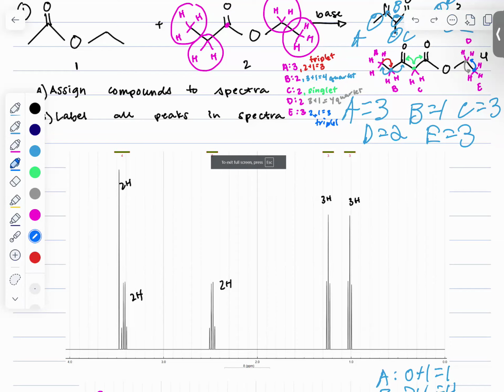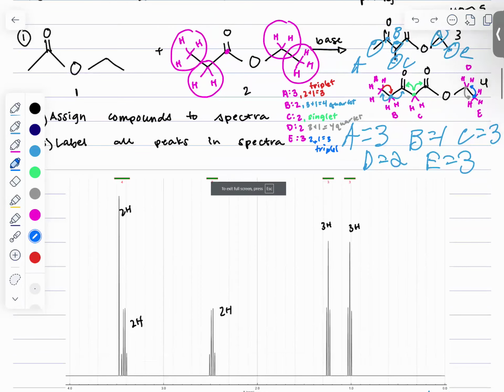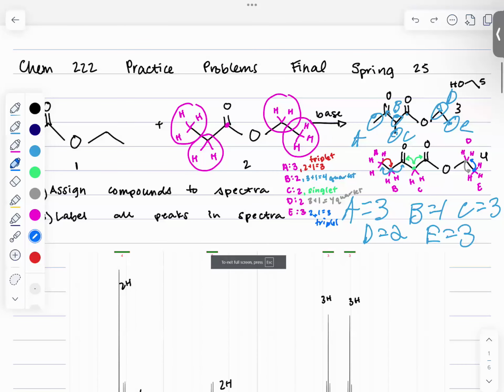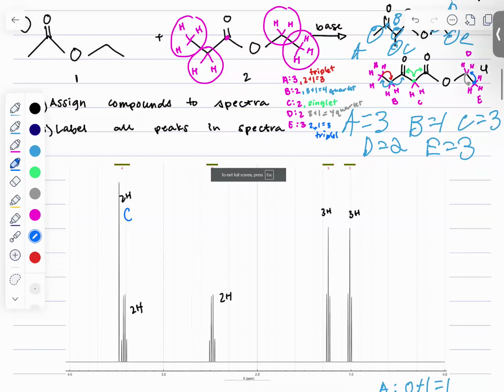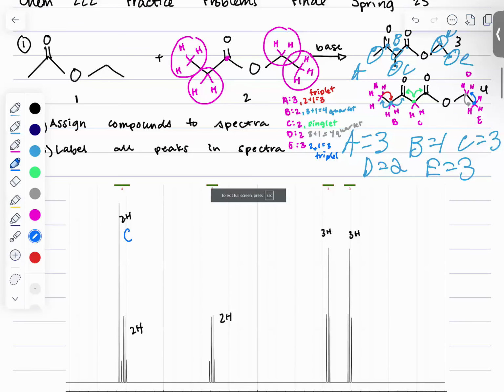Okay. So we can go ahead and label our other ones, get them out of the way. We have this 2H singlet is going to be C. And then we have these triplets and these quartets. So with our triplets, we have one that is just 1 carbon away from an oxygen.